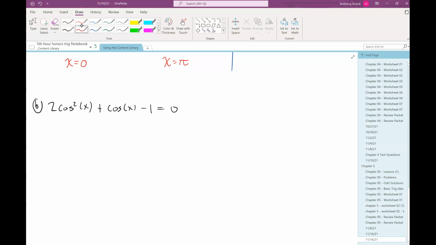Can I just apply cosine inverse to both sides to start this up? No way, right? That's a crazy idea. Because we have a cosine squared, we have a regular cosine, and we have a minus 1. What should I do with this? Any ideas?